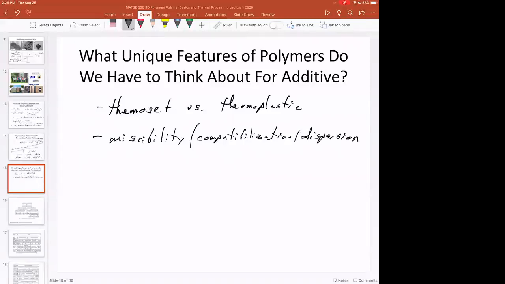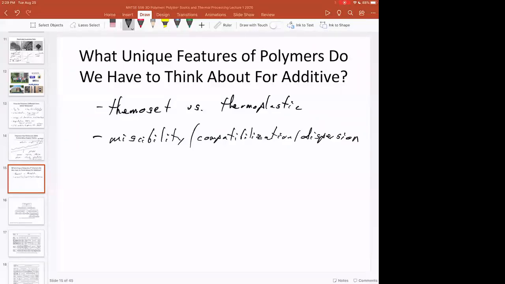But there needs to be some interaction, usually between the matrix polymer and the composite filler in order to make a stable composite. Otherwise, a ceramic powder and a polymer doesn't really want to mix, and you'll just wind up with a ceramic polymer that's sort of stuck in a polymer, and you don't get any composite effect from that. So that's a great one. So we have to think about that for sure.